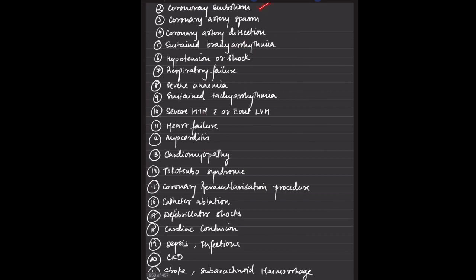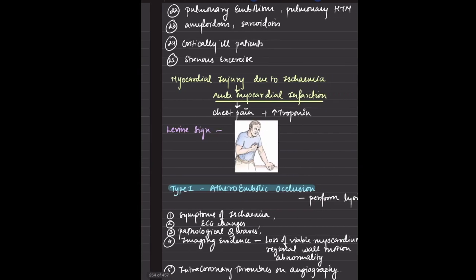There is coronary embolism, coronary artery spasm, artery dissection, sustained bradycardia, hypotension or shock, respiratory failure, severe anemia, sustained tachyarrhythmia, severe hypertension with or without LVH, heart failure, myocarditis, cardiomyopathy, Takotsubo syndrome, coronary revascularization procedure, catheter ablation, defibrillator shocks, cardiac contusion, sepsis, infections, chronic kidney disease, stroke, subarachnoid hemorrhage.